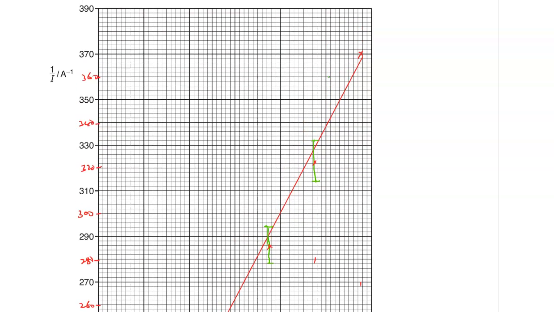There. Then the other one is 13. From here, 10, 13 is there. So I draw this. That's my error bar.